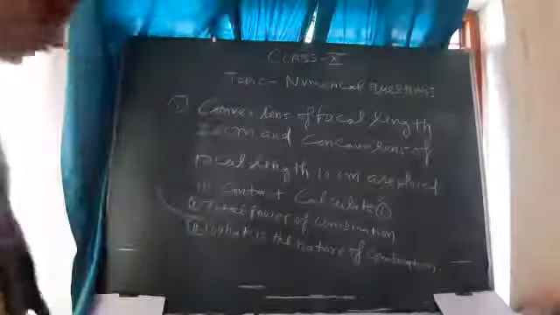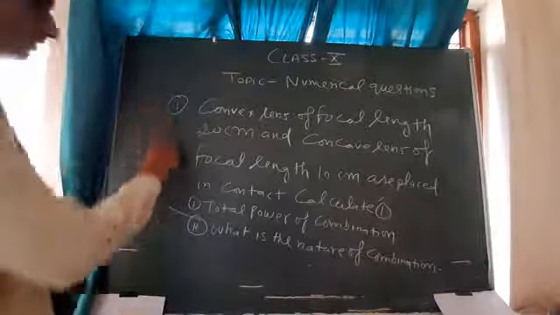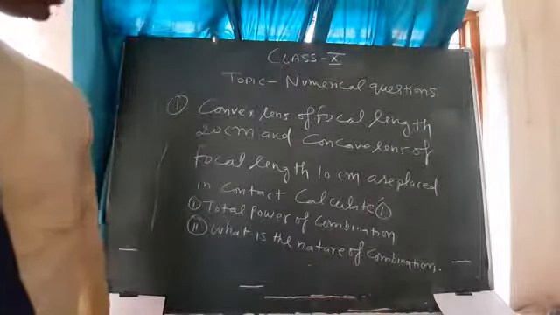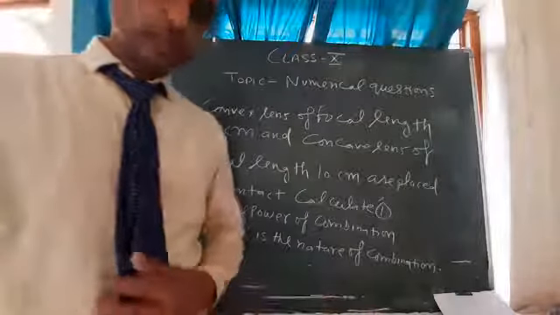Okay, so you have to note this question. This is very important, and I am going to solve this question. So note this, or you can take a screenshot of this question.